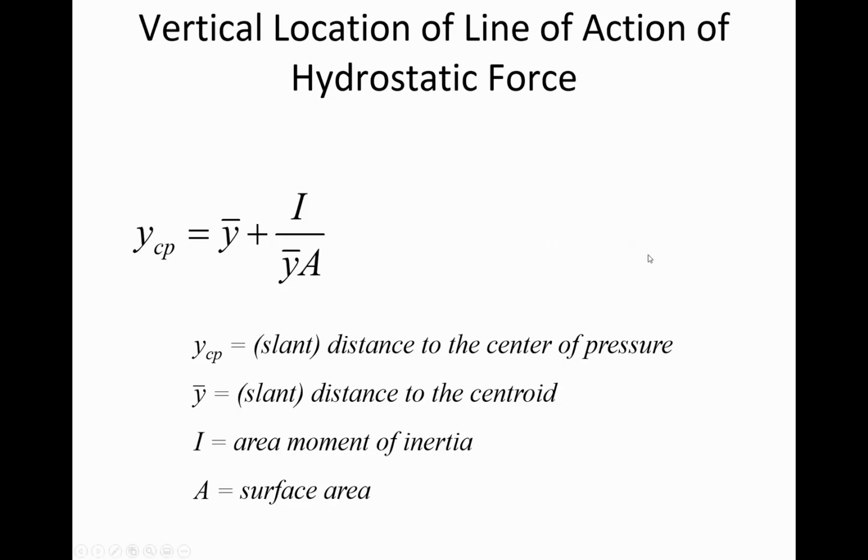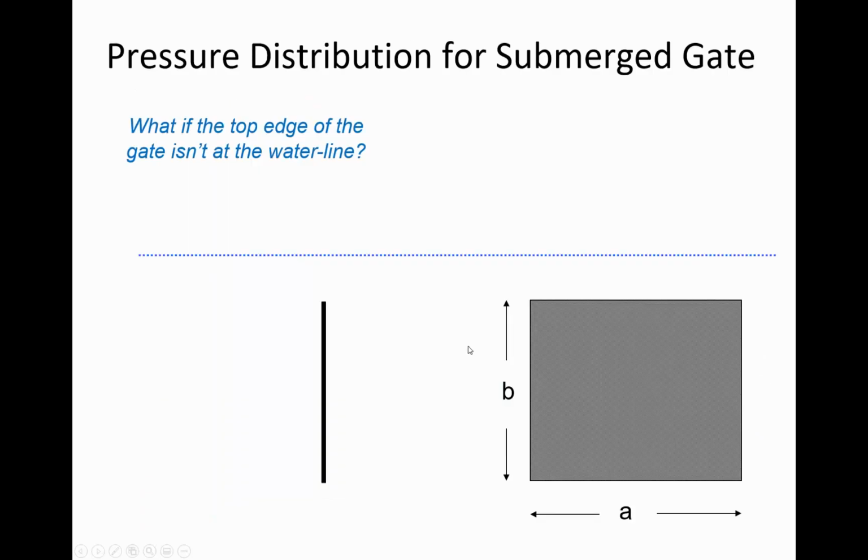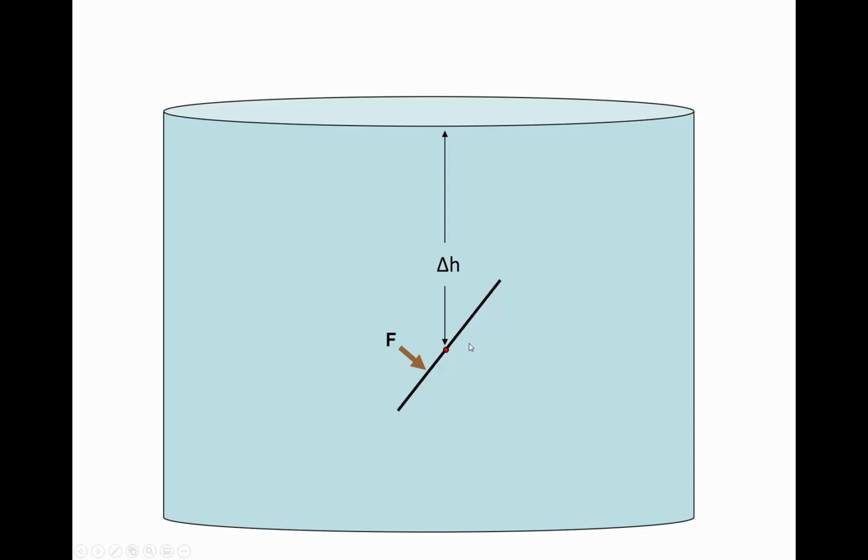So what this equation is going to tell you is the distance along the inclined path from the center of area to the center of pressure. And so how far is the distance from here to here? I divided by Y bar times A is this distance.